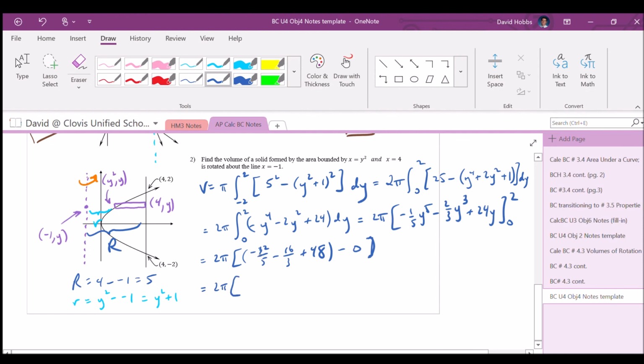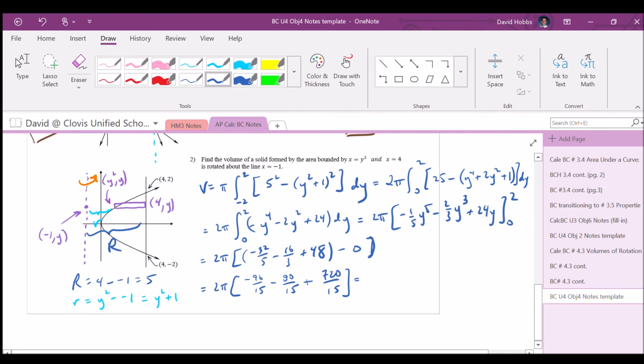So let's see, I'd have to multiply by 3 on this one, so negative 96/15. I have to multiply this one by 5, so negative 80/15 plus, okay, so I need to multiply by 15. Well, let's multiply by 10, 480, and multiply by 5. So 480 plus 240, that's 720 over 15.